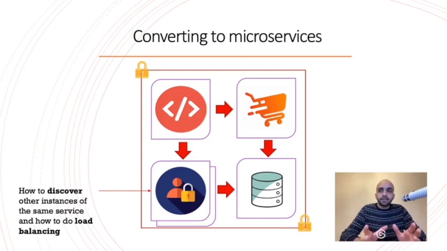And also the next challenge that rises is how you're going to discover the second instance of your authentication application. Or even if you're going to have 3 or 4 of them, how you're going to discover the third and the fourth one. So these are the challenges that are rising, and service mesh can completely solve these.